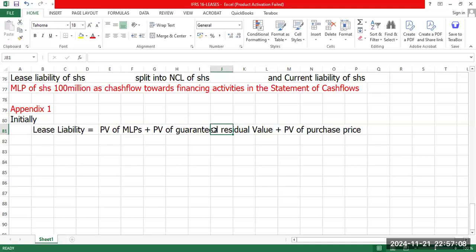It's just a minimum amount you can pay to a lessor based on the contract. You entered into an agreement with the lessor and you agree that at the end of this period, I must pay the lessor this amount of money. That is guaranteed residue value. We are calling it residue value because it comes in at the end of the lease period. But this is not scrap.